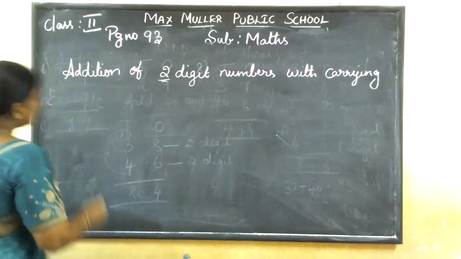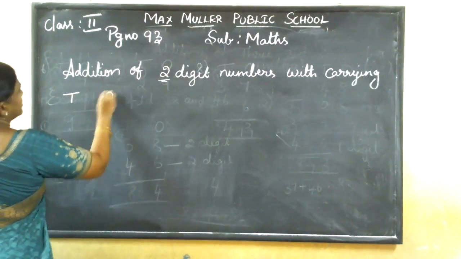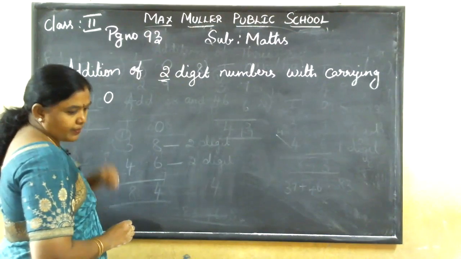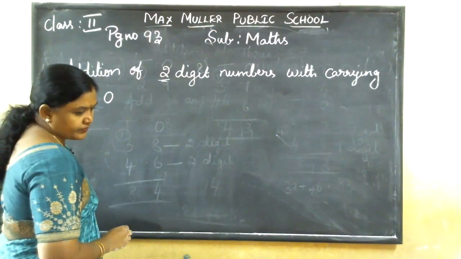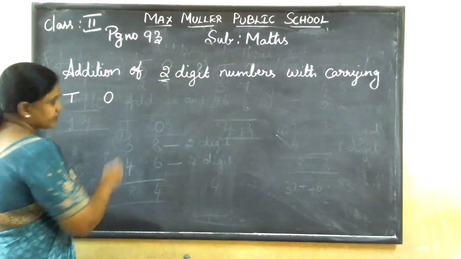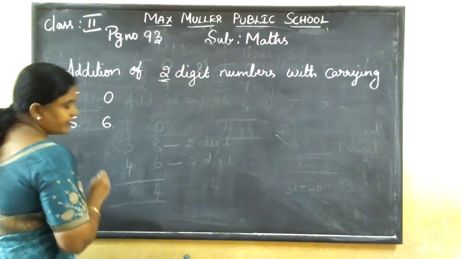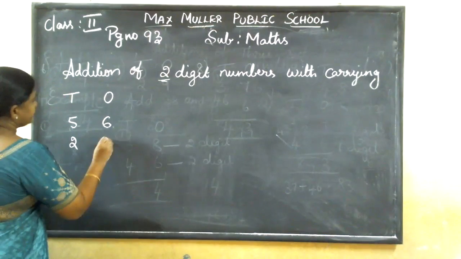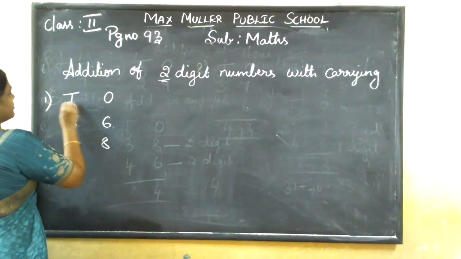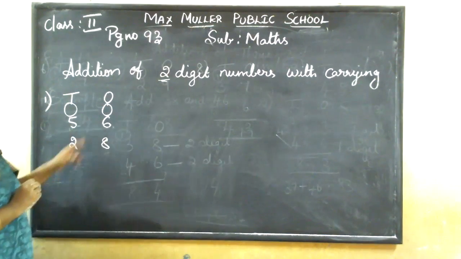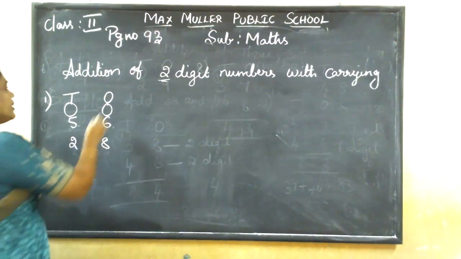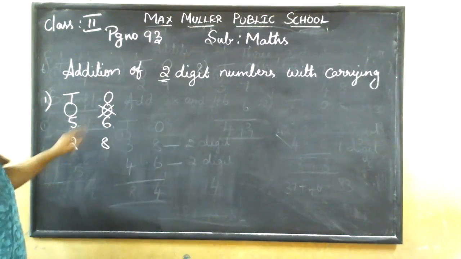First one, 56 plus 28. See the sum. Both side circles are there in the textbook, no, children? You cut it. Don't want this.